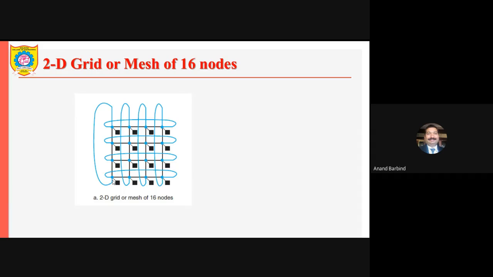The ring is formed here horizontally and vertically also, so that when connection is to be made, the connection from any node can be made to any other node in this case. So this particular arrangement of interconnection between the nodes is called the mesh arrangement.